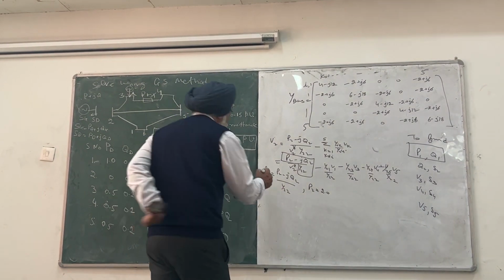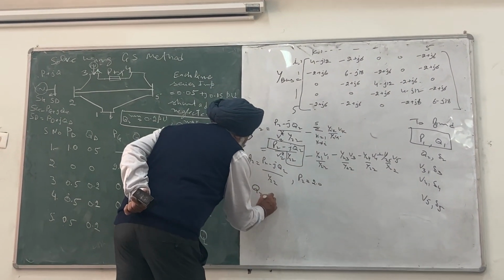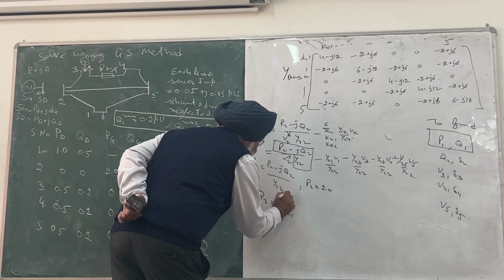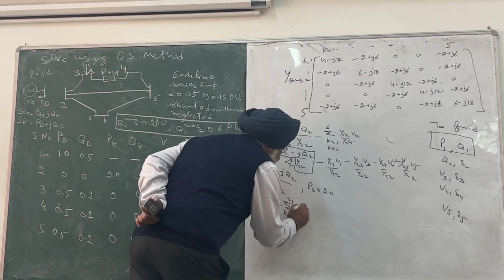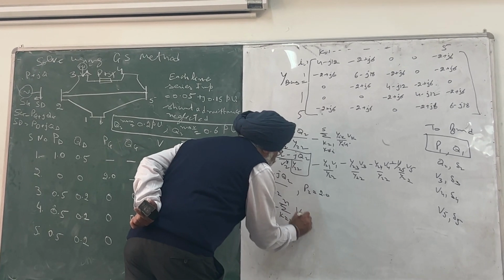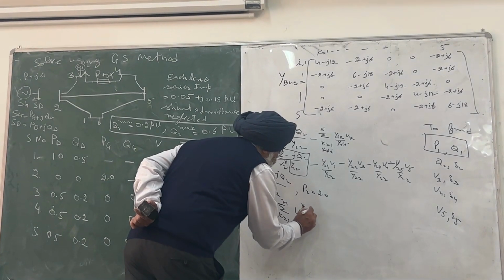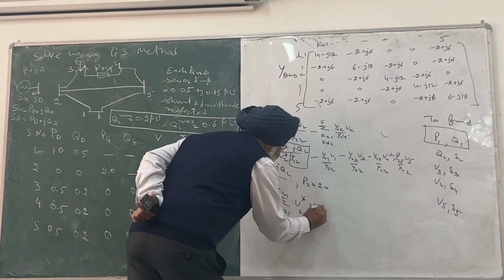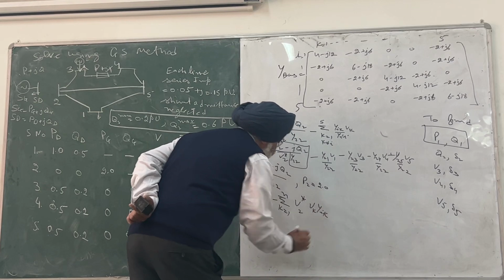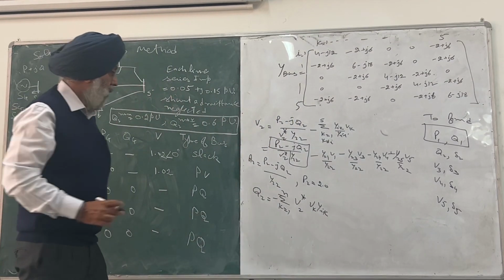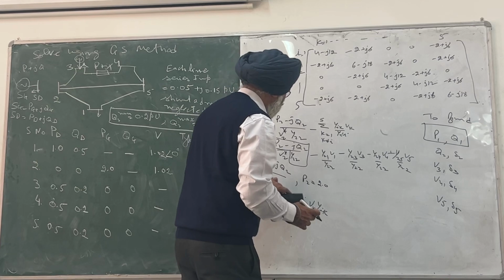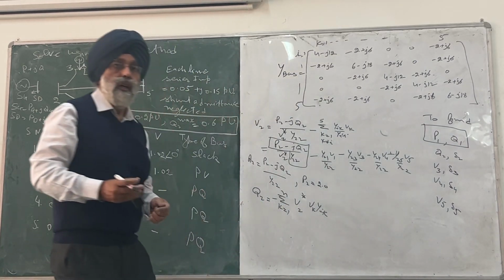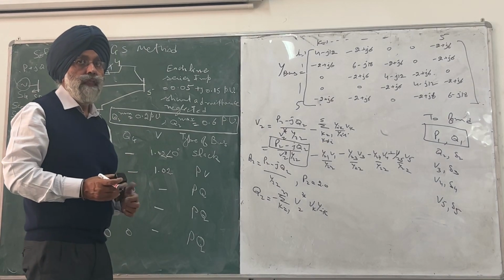For the Q2, minus of sum, K varies from 1 to n, V2 star, VK, Y_ik. This is the equation.